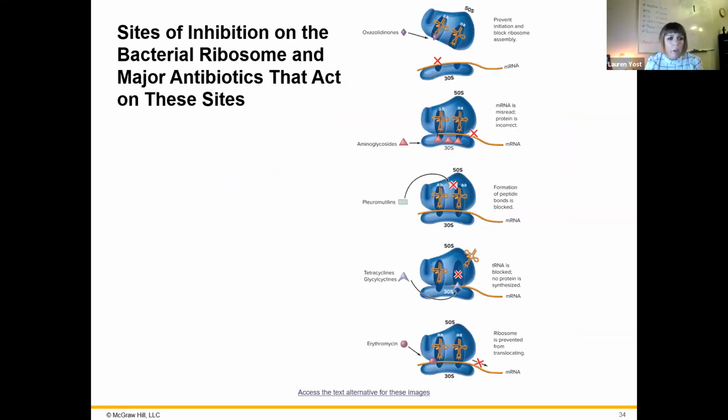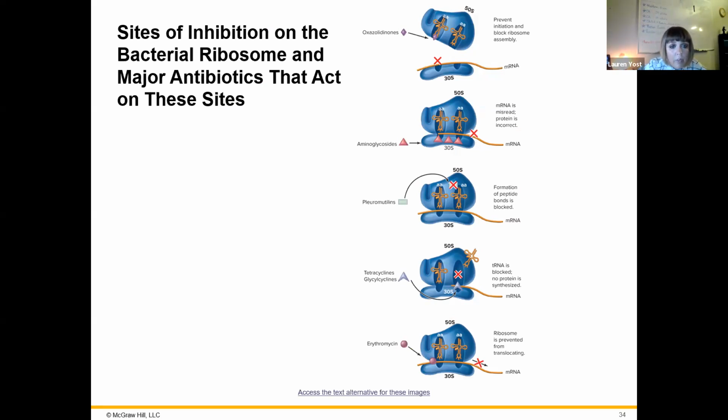Here are some of our aminoglycosides and how they affect the function of a ribosome. Most of these drugs are going to be involved in inhibiting the movement or actual function of the ribosome and how it works in the cell. I'm not going to go through the details of these right now because I'm not going to test you on the details of how these work, but I would be aware that they affect the ribosomes.